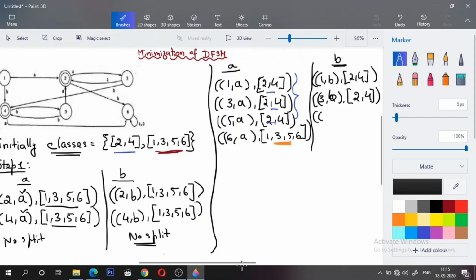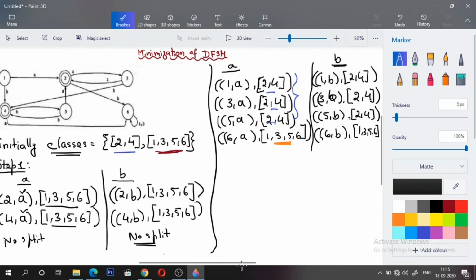Then I have 5 upon B. 5 upon B will make a transition to 4. Okay, the same set. And finally 6 upon B. 6 upon B will make a transition to 6 itself. So that belongs to 1, 3, 5, 6.